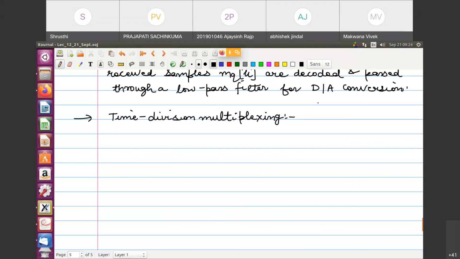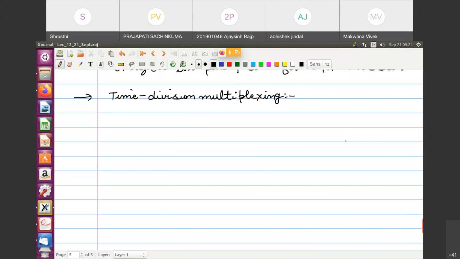Now, what is this TDM? I am just trying to explain the concept in a nutshell, or graphically, or intuitively. Rest of the things you can easily read from the textbook because we have had a good background of the sampling theorem and we have done things in a good manner up to now.